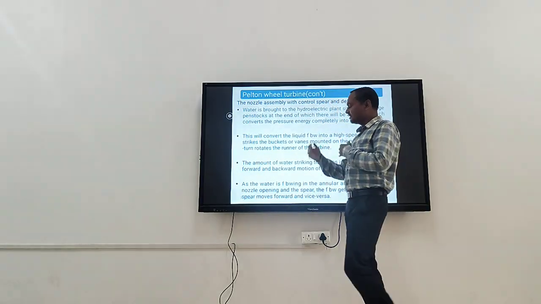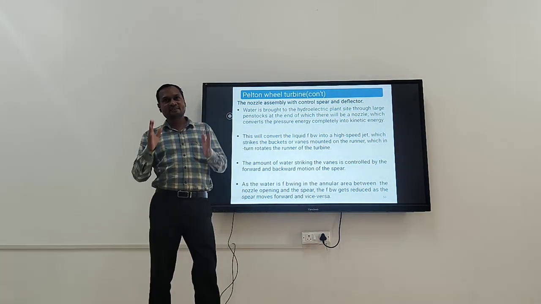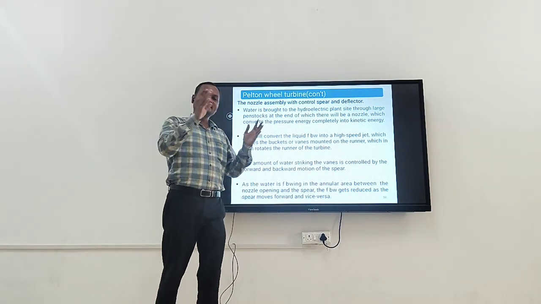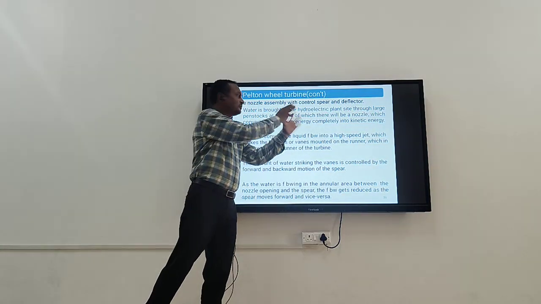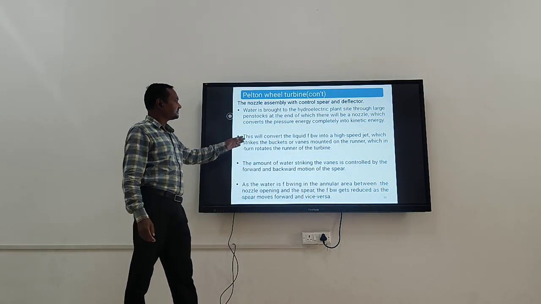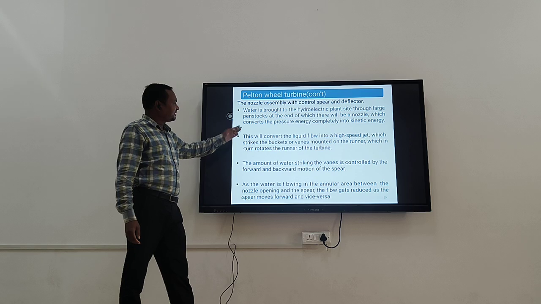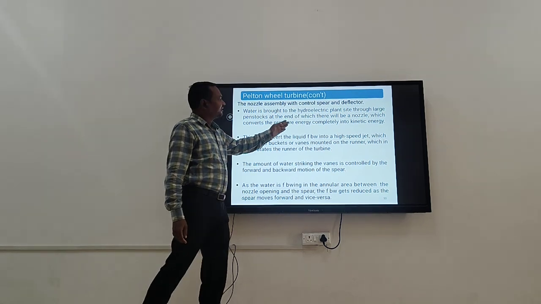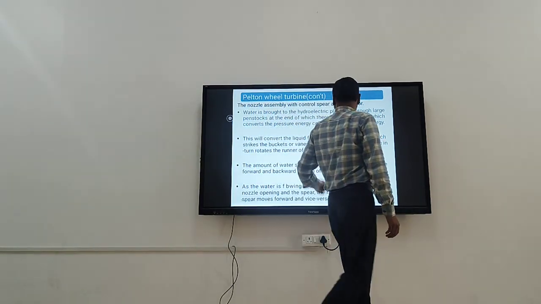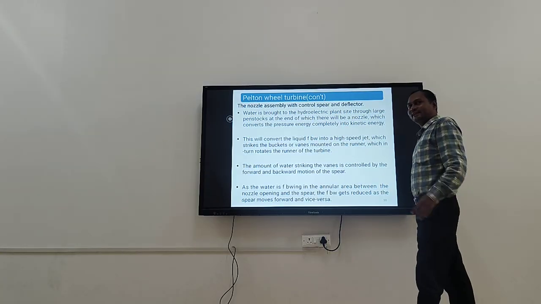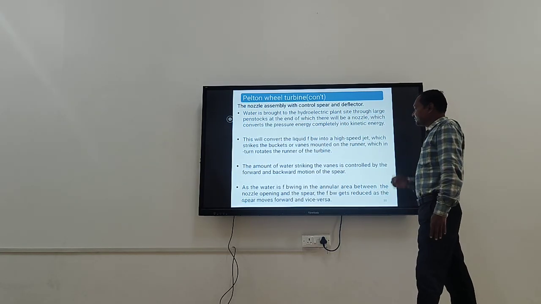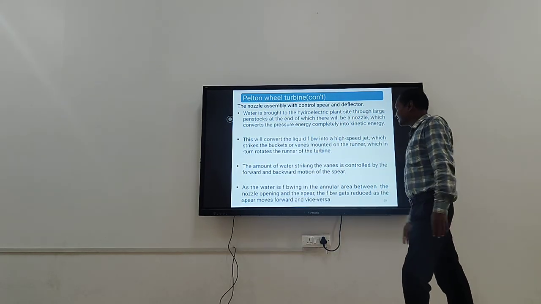So in your nozzle, pressure energy is converted to kinetic energy. This converted high speed jet strikes the vanes, and the vanes are mounted on the periphery of the runner.